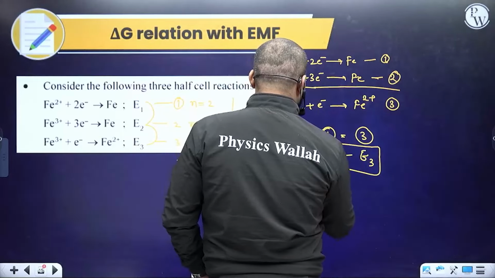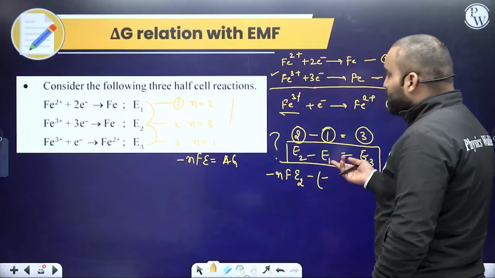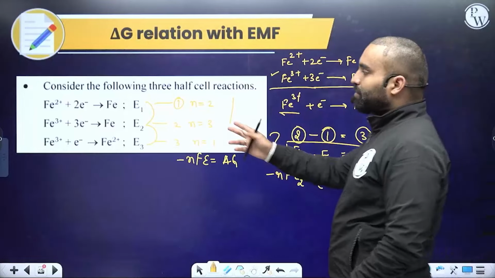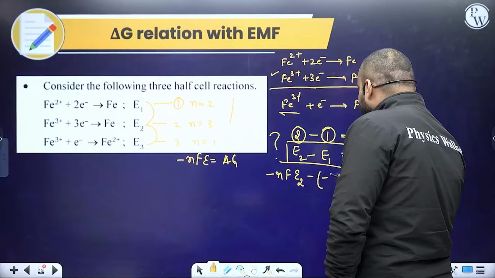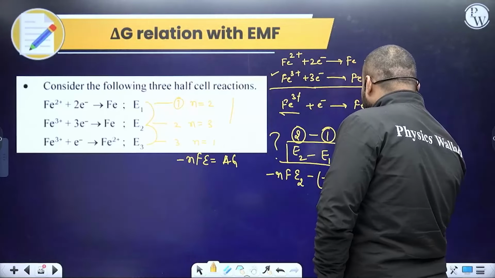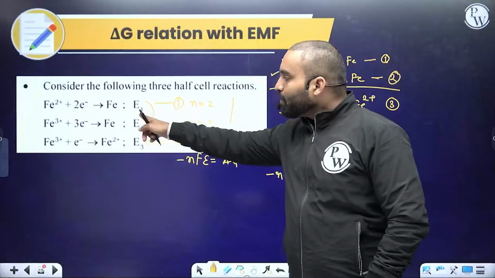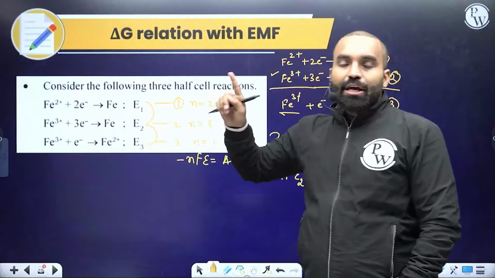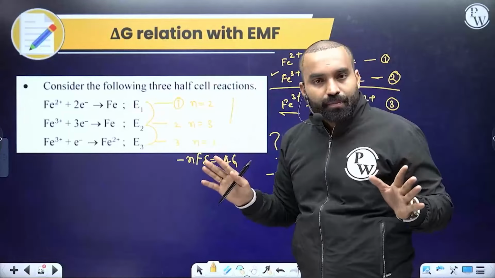So for the second reaction, it is minus nF E2, minus of minus, since I have flipped the reaction E1. So this E1 will also get flipped, because E will get a negative sign, minus nF E1. Are you following what I'm saying? E1 value will no longer be E1 since I flipped the reaction. E oxidation potential is equal to minus E reduction potential.